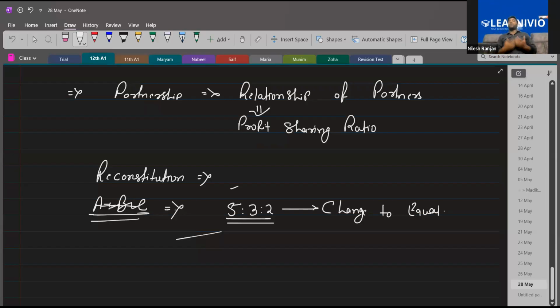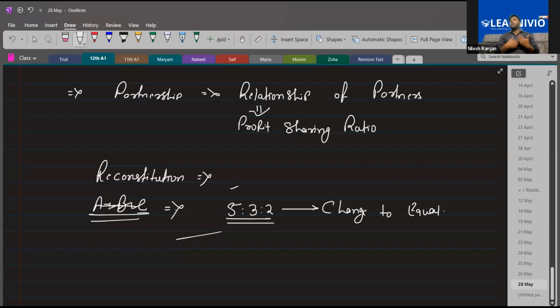It means you are again creating a new partnership business. So anything that needs to be distributed will be distributed at the time of change. Anything showing in your books which is related to the past should be distributed. We will not sell our assets or pay our liabilities.